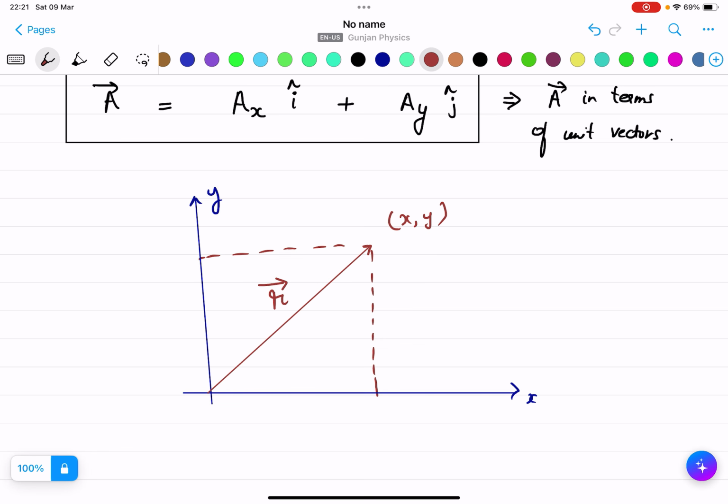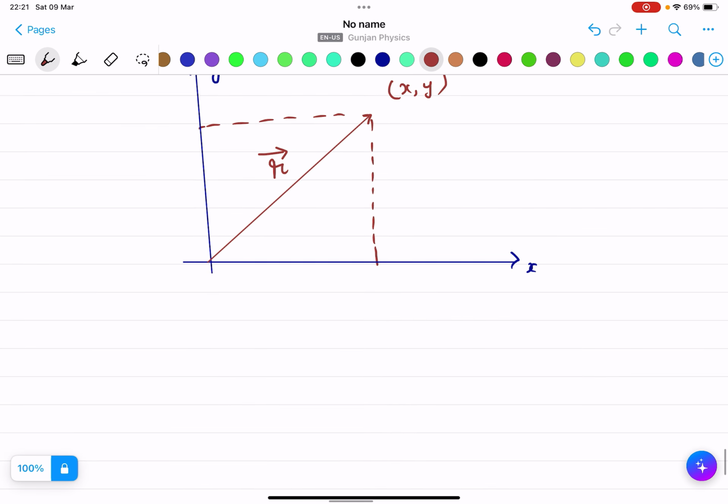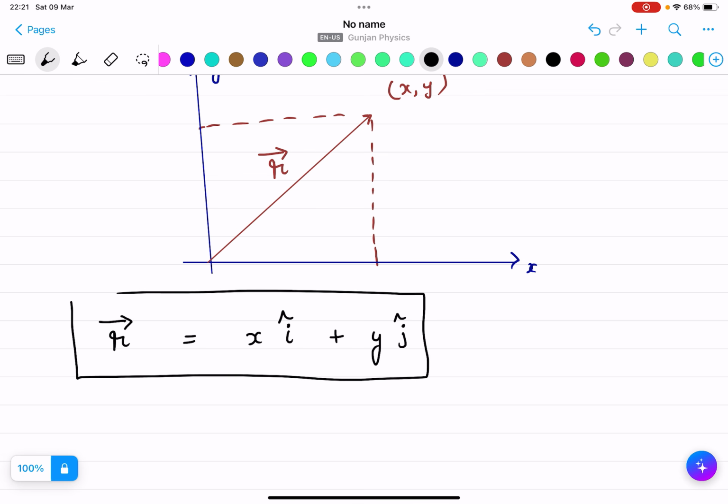So r vector is basically a spatial vector, that means the position vector. How can I represent it? The unit vector for x is i, and for y the unit vector is j. So from this figure, if I want to denote r, then we can say x with the unit vector i and y with the unit vector j, right?